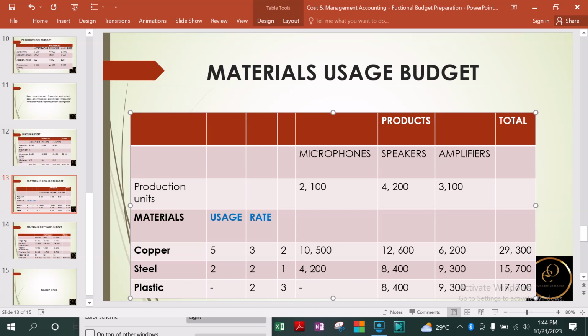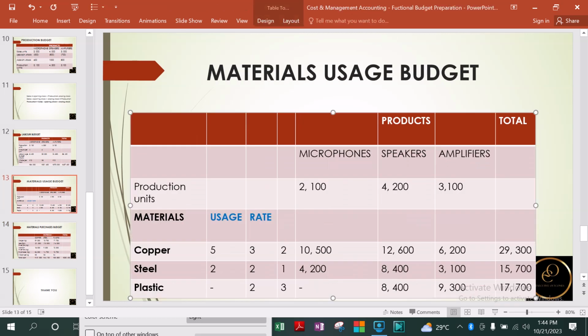Then this one will be 1 multiplied by 3,100, which will give you 3,100. Let me just make a rectification.